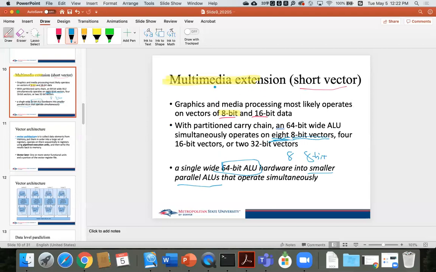Usually a multimedia extension means that in your general instruction set, you may have a few instructions that are only designed for multimedia processing. So it's an extension or add-on feature, an additional feature to the original instruction set and the original hardware architecture.